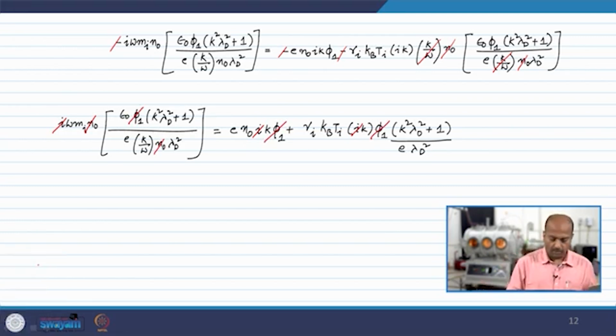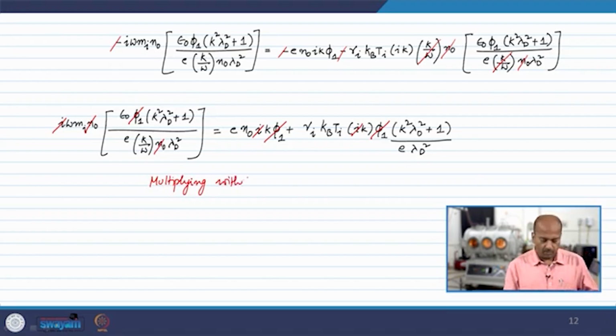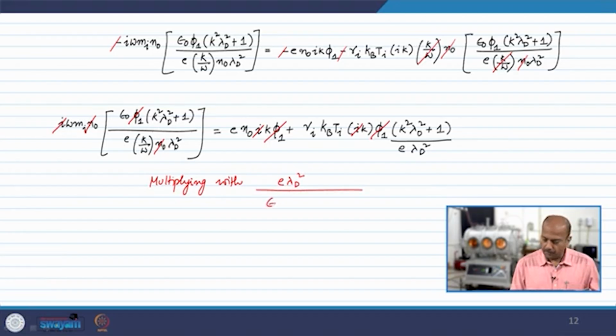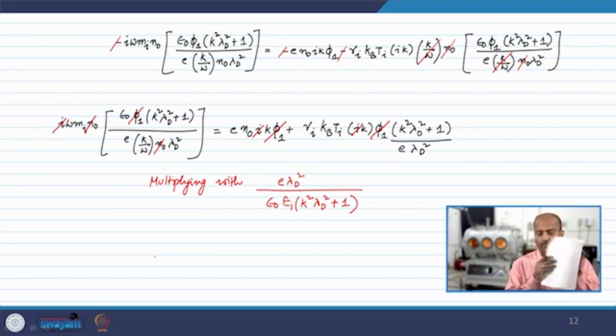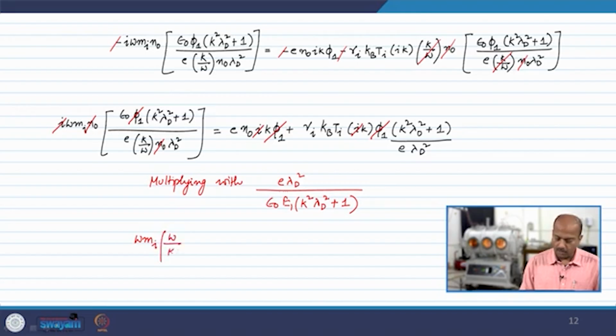And now multiplying the entire expression with e lambda d square divided by epsilon naught times k square lambda d square plus 1, what we will get is omega mi times omega by k.